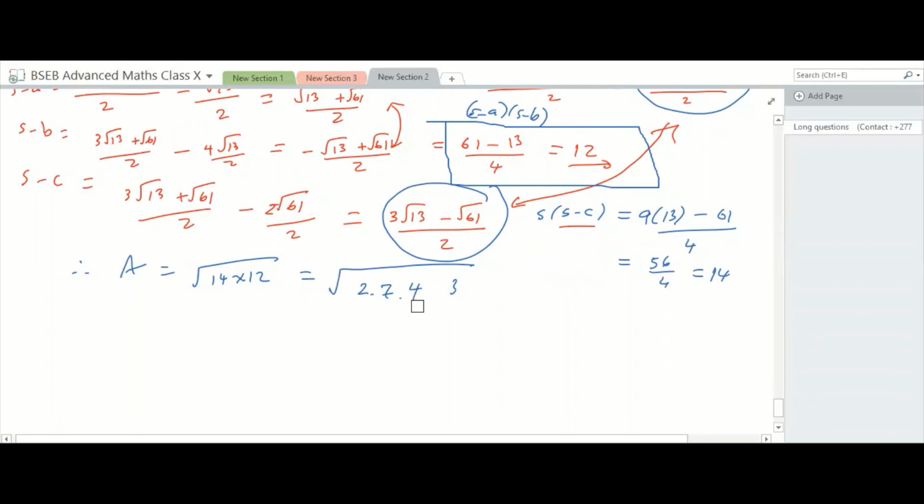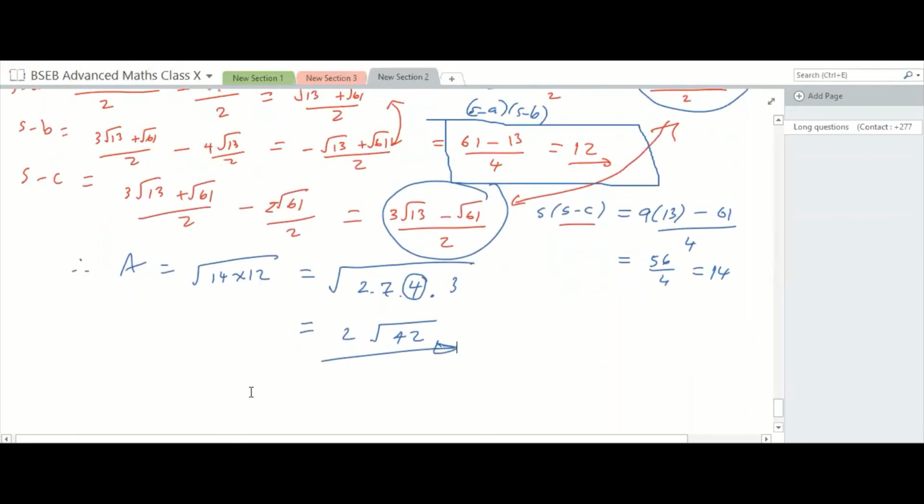Using prime factorization, we only have square root of 4 there, which is 2, root 2 times 7 is 14 times 3 is 42. I'm getting an answer of 2 root 42. For this question, if you have an easier method, please comment.